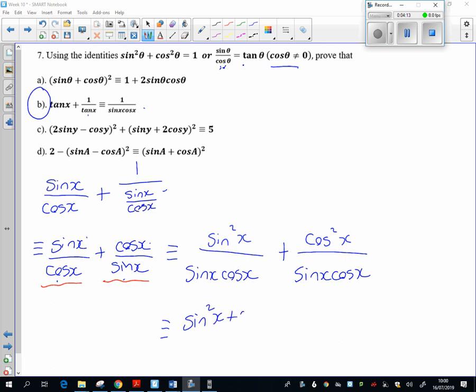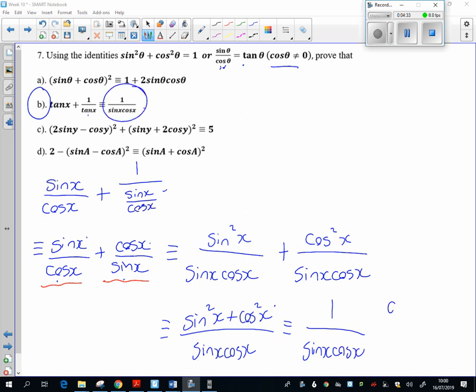And again, we can start to see that this is going to work out nicely, because sine squared plus cos squared is 1, and that's what I was aiming for. And again, let's just show that we have finished that.